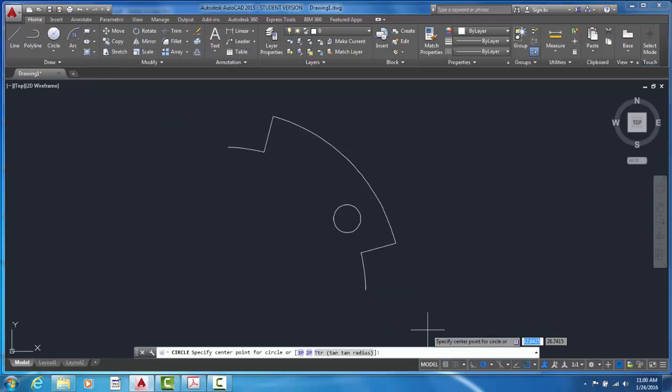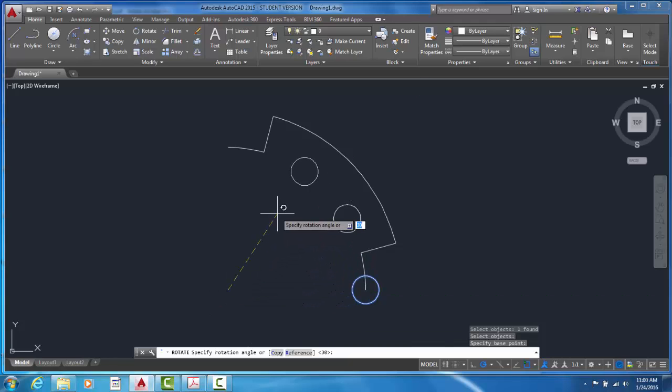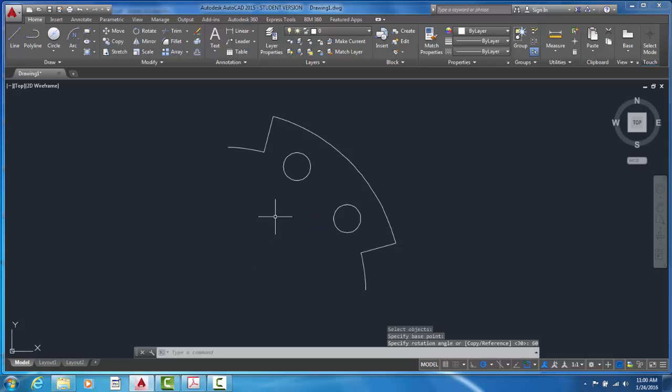I'll do it again to create my other circle. Again, it's very possible that you see a different way of creating that circle.